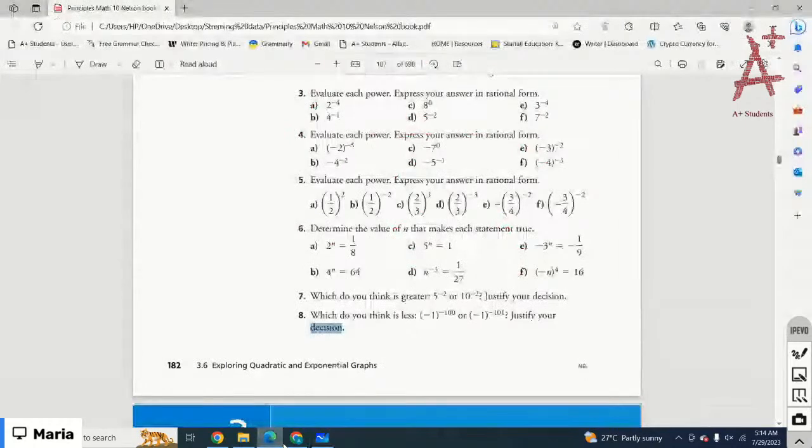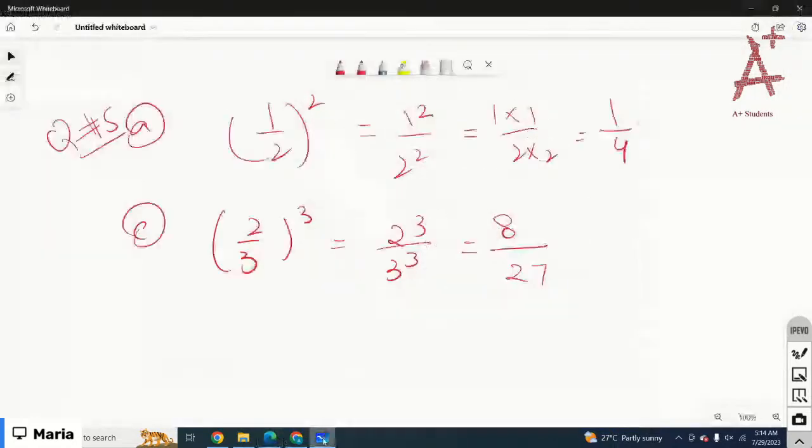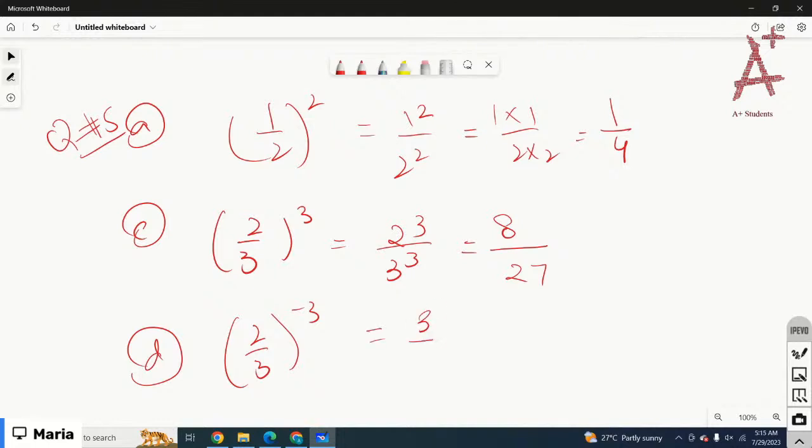Okay, the next one is D part, 2 over 3 exponent negative 3. First of all, we can make the exponent positive by reciprocating the fraction. Reciprocal means just interchange the numerator and denominator.